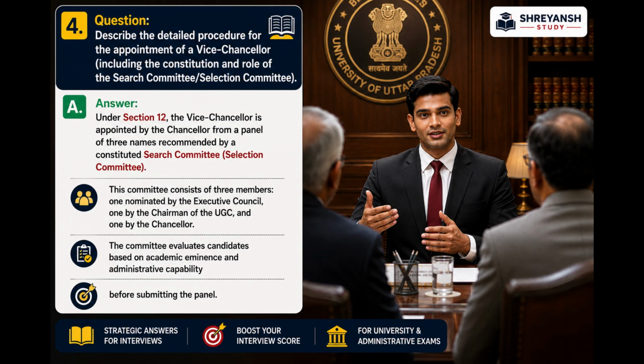This committee consists of 3 members, one nominated by the Executive Council, one by the chairman of the UGC and one by the Chancellor. The committee evaluates candidates based on academic eminence and administrative capability before submitting the panel.